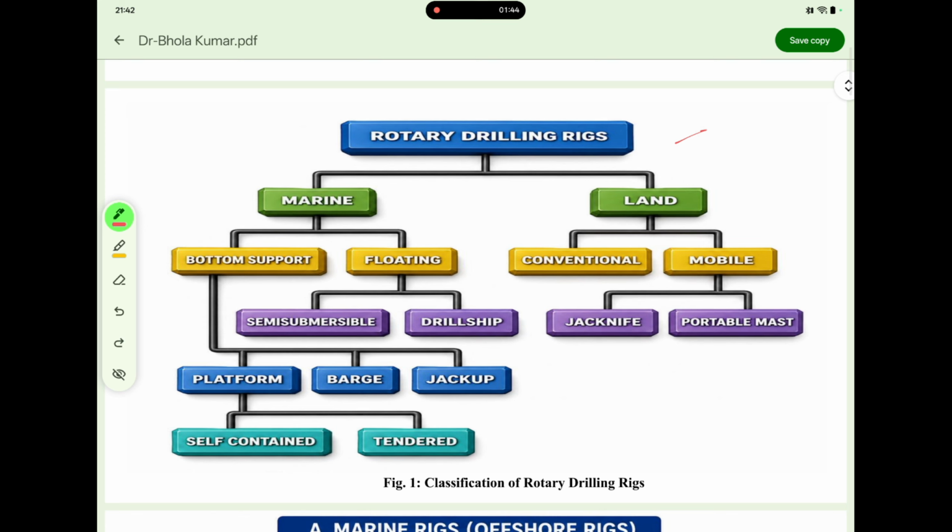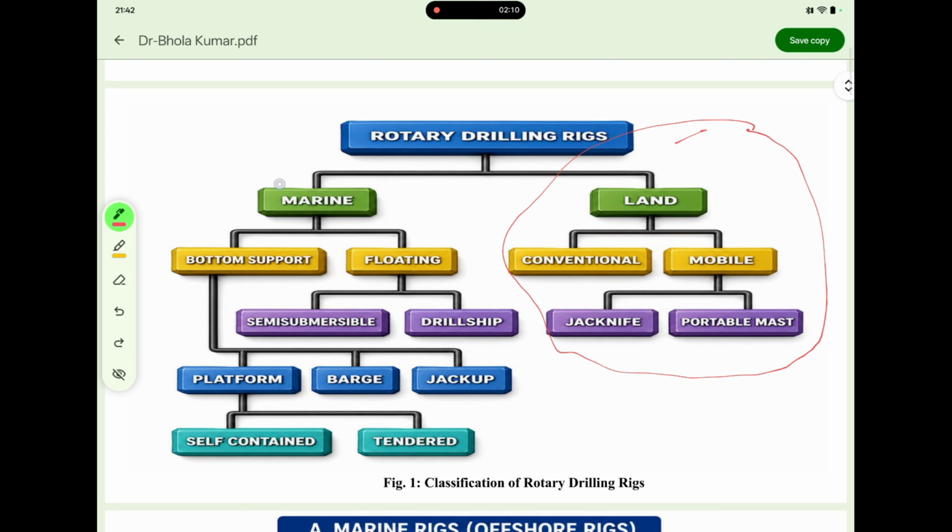The main agenda of drilling technology is on this side, so we have to focus on land. The land drilling rig is further classified into two types, conventional and mobile rig. And the mobile rig is further classified into the jackup and the portable mast rig. We will discuss this in detail, so don't worry about it.